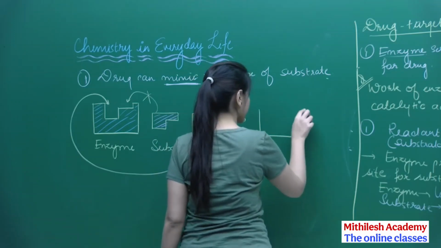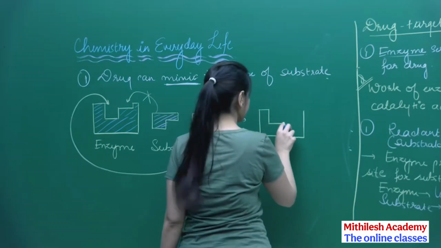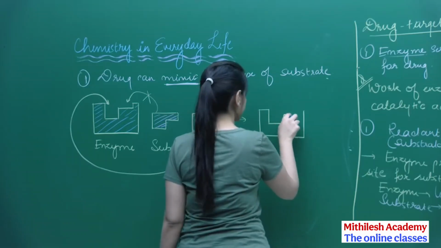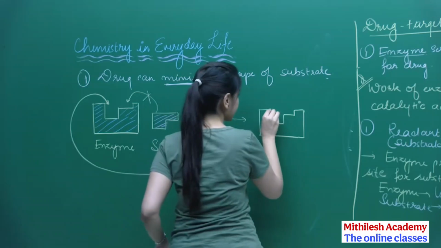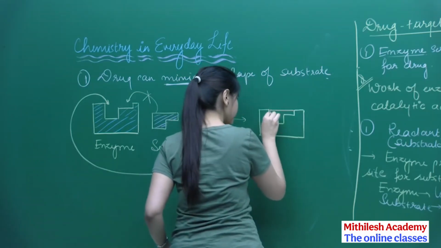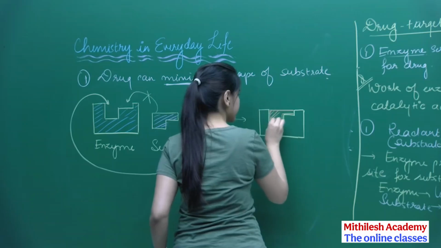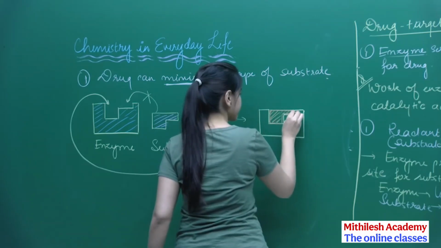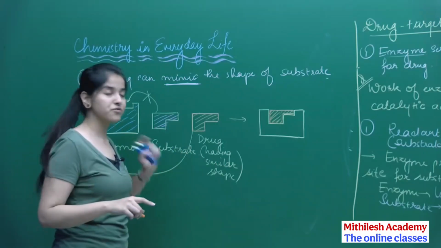So much interesting work this drug is doing. And what do we have here? Attachment of the drug here. That is how it is inhibiting the activity of the substrate.